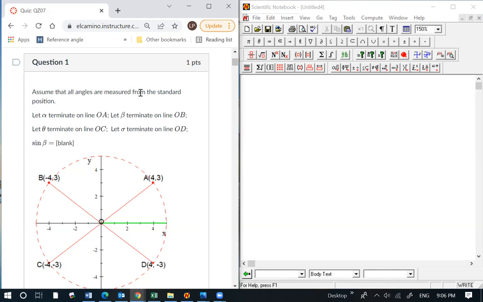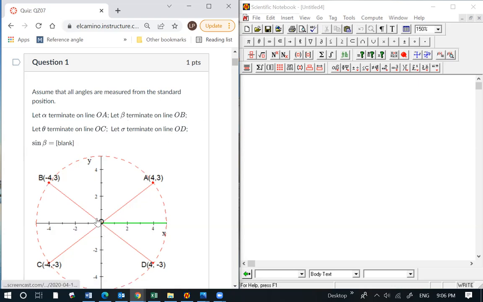Assuming that all angles are measured from the standard position, and alpha terminates on line OA. So this is the terminal, and we have a point (4, 3). And OB is a terminal for beta.